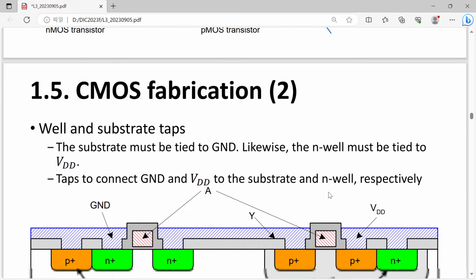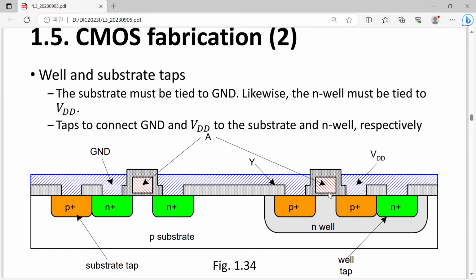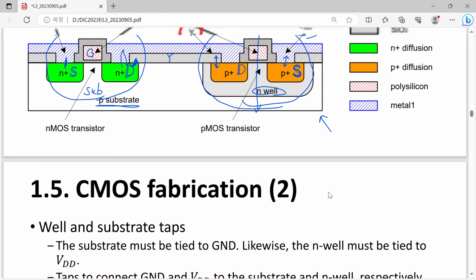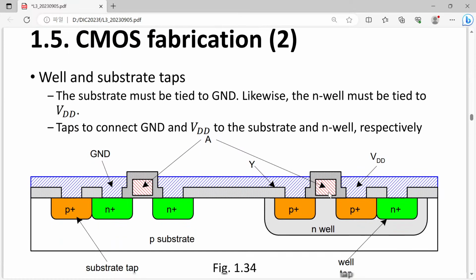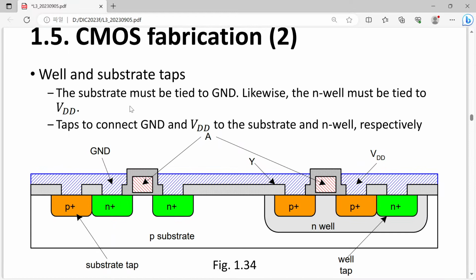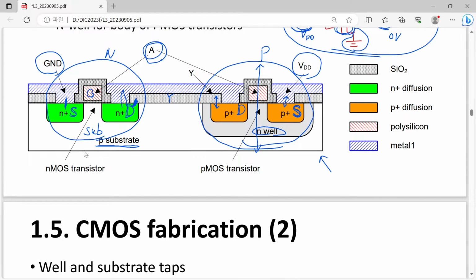so now what is the difference between this figure 1.34 and this one? Yes, here we have a p-type substrate, and if we just go to there, then this p-type substrate has no connection to the ground.